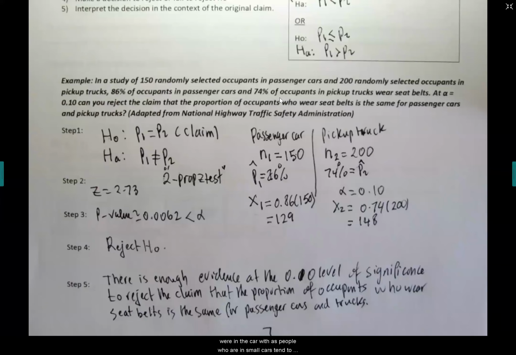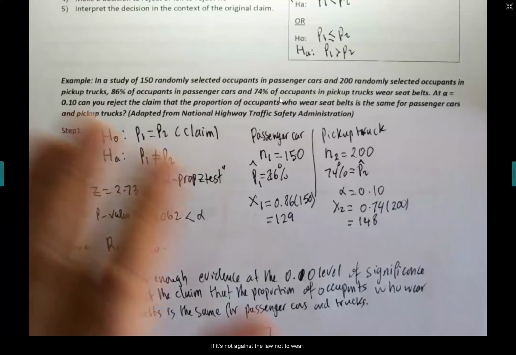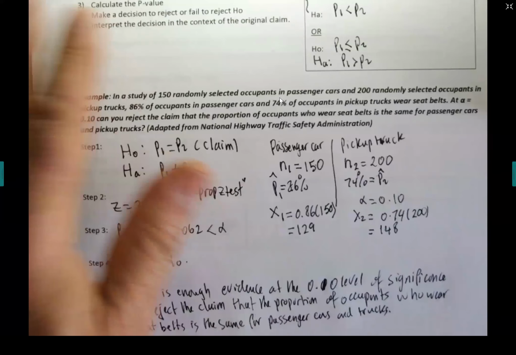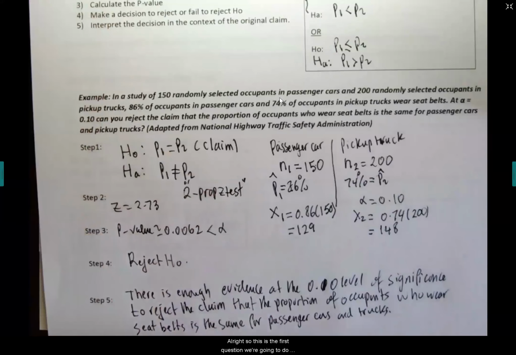Whereas people who are in small cars tend to wear the seat belt more often than pickup trucks, because they will be worried just in case they get into an accident. So it's not the same. When you feel safe in a big car, probably you'll be inclined not to wear the seat belt, if it's not against the law not to wear it. All right, so this is the first question.